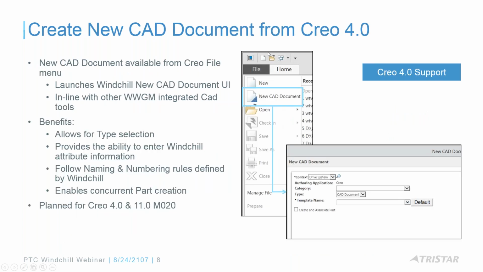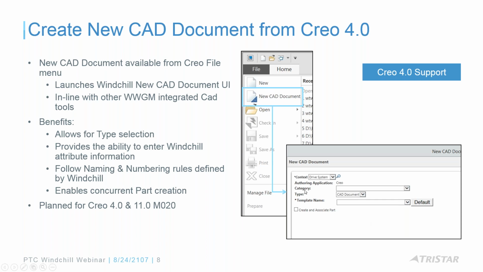PTC also added inside of Creo 4 itself the ability to launch new CAD document action within the UI. So this is similar to if you were doing it within your workspace, not within the Creo file menu.